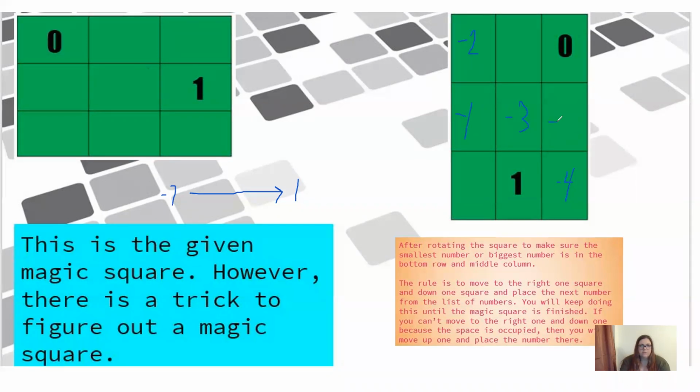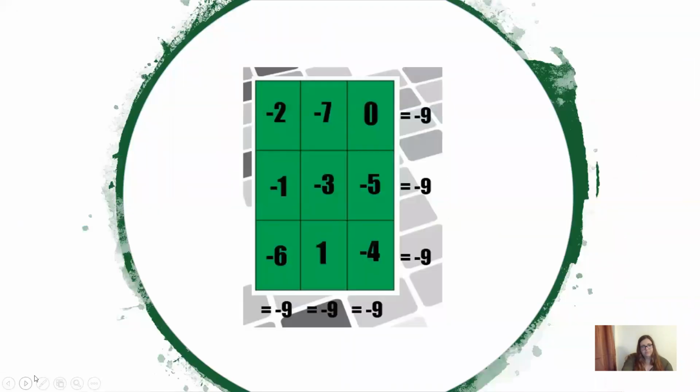There's one there, so we have to move above the -4, put -5, and then down 1 and right 1, -6, and down 1 and right 1, -7. And so that's how you'll do that. That makes it a lot simpler. And there's the final product right there. And then you'll double check yourself and see if they add up to be the same amount, and they all equal -9, whichever way you go.